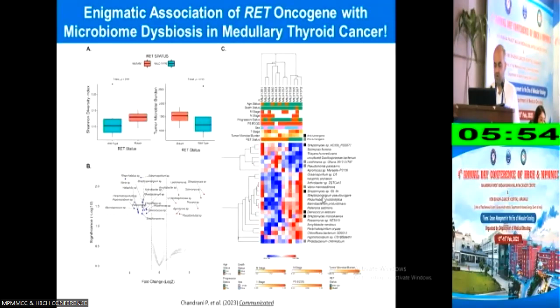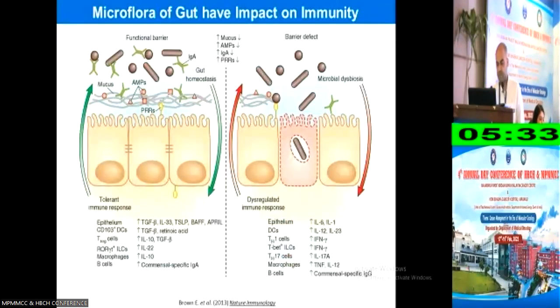So this is what we call dysbiosis happening in the context of a RET mutation. And we are further conducting experiments in the lab to understand how a human oncogene is associated with microbial dysbiosis, and whether we can exploit this for diagnostic, prognostic, or therapeutic applications.